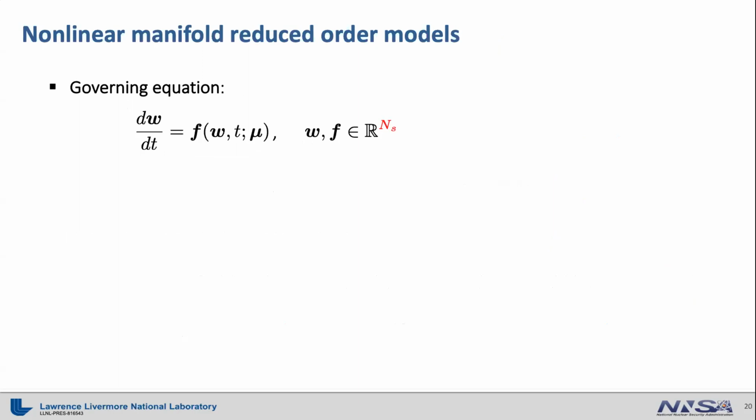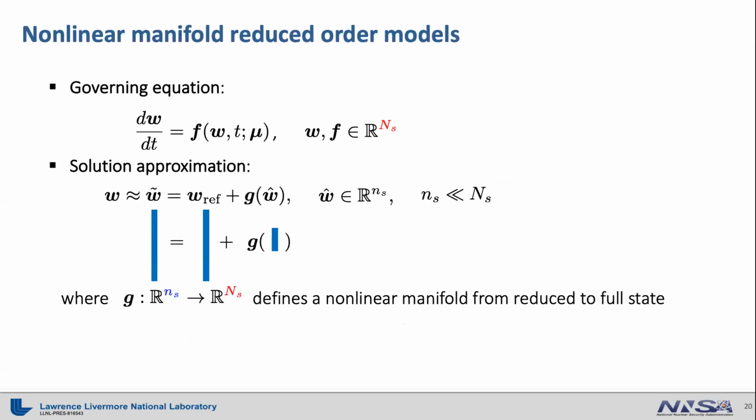Okay, to formally explain the nonlinear manifold reduced model, here are the governing equations you have seen before, where w is your solution variable. We approximate the solution with a nonlinear manifold, which is represented by the nonlinear function g here, that maps a small latent space dimension to the full order model dimension.